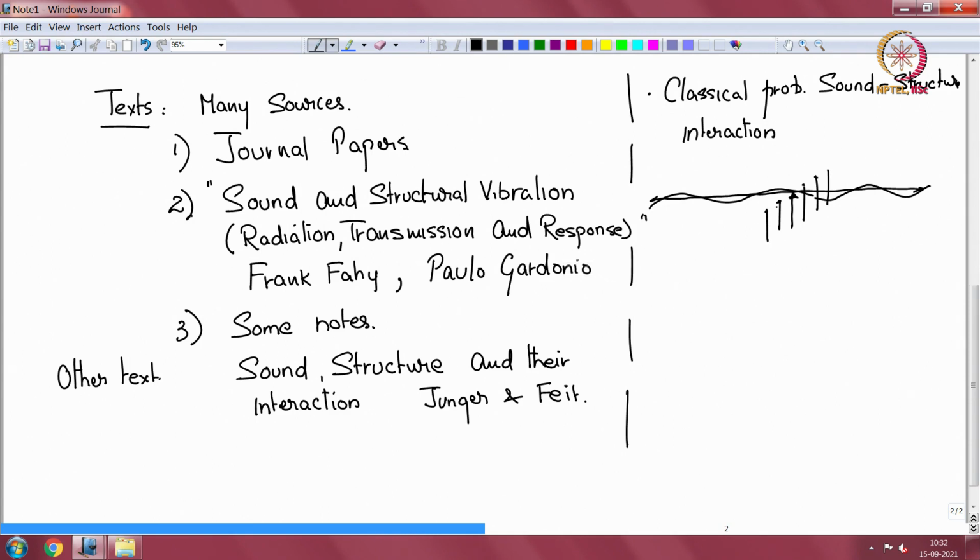So this will generate vibrations in the plate and it will generate sound in the fluid medium. There is an acoustic fluid on one side, there is vacuum on the other. Now this fluid in turn applies the pressure back to the structure, and so this is what we call a coupled problem.